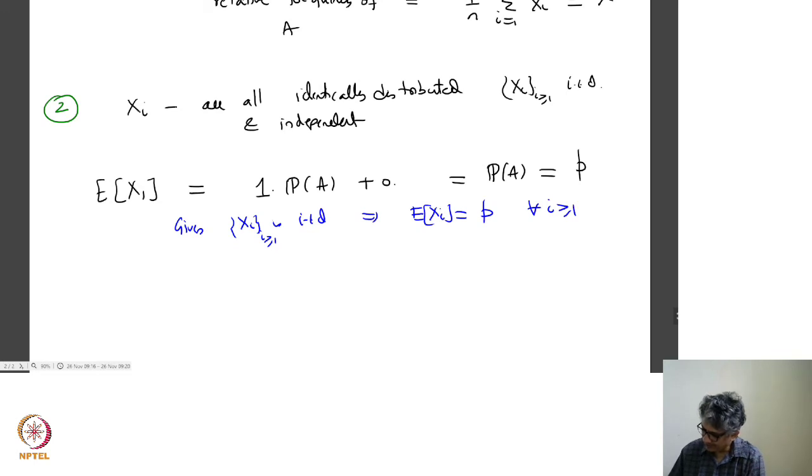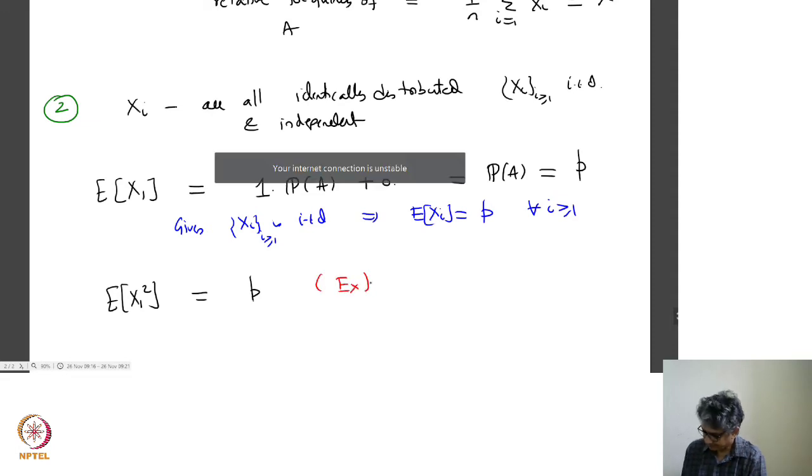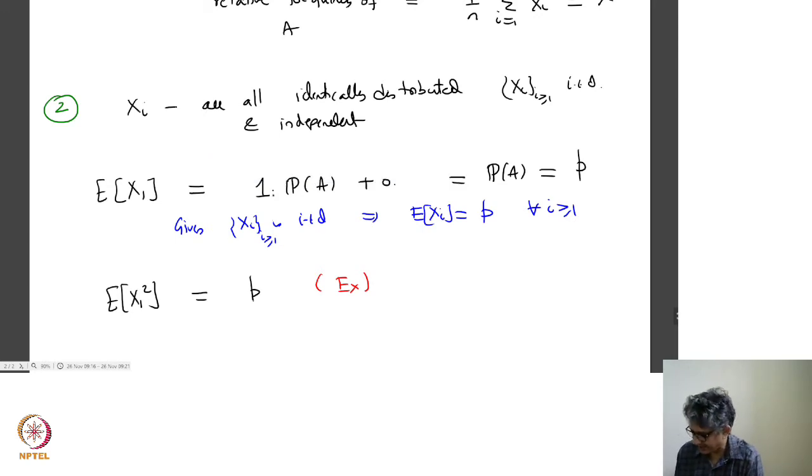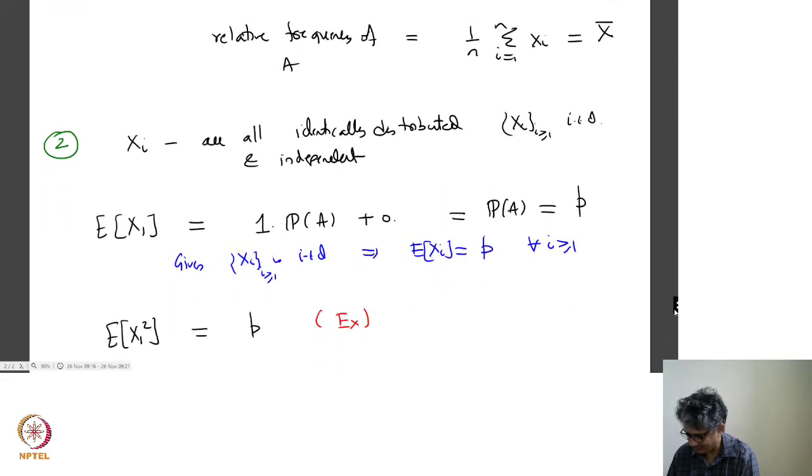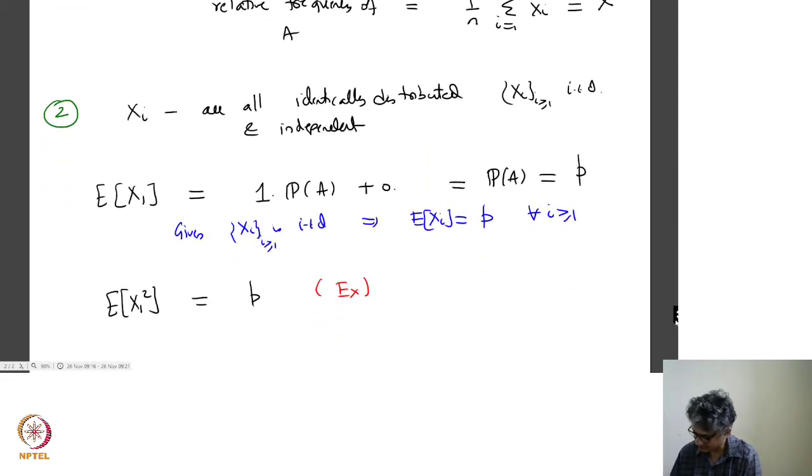A simple calculation, one can also show the following, that E of x1 squared is also the same as p, a simple exercise. You just put 1 squared, xi takes 1 and 0, so xi squared is the same as xi, so E of xi squared is also p.